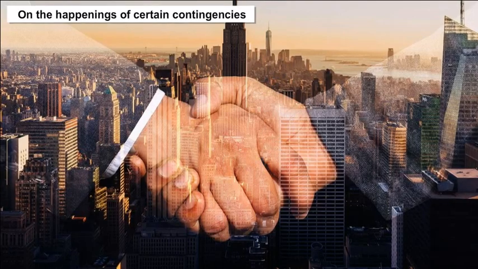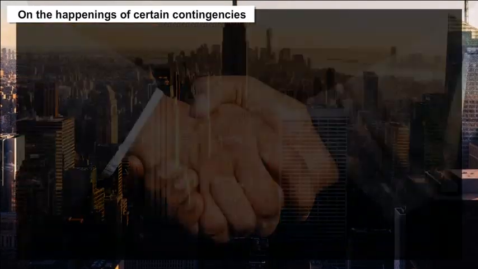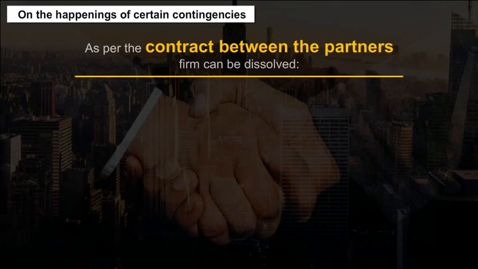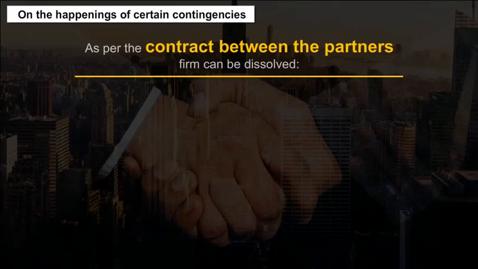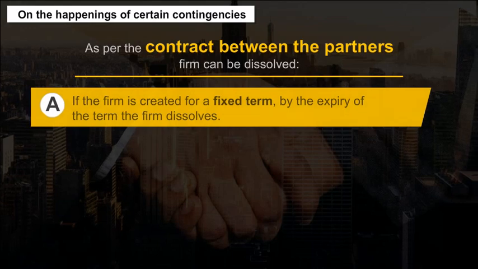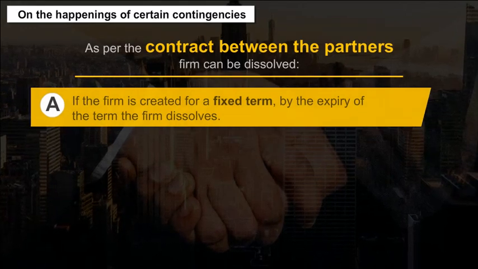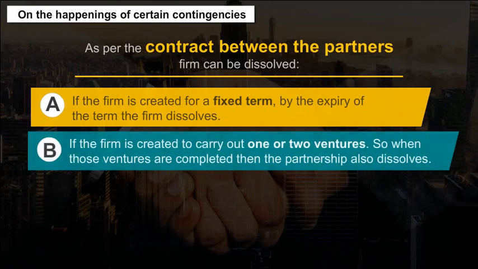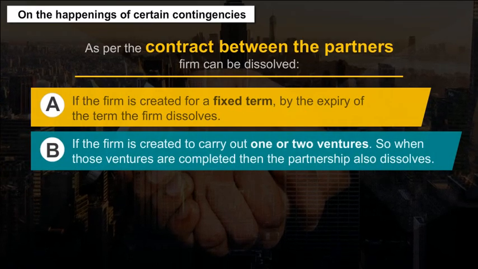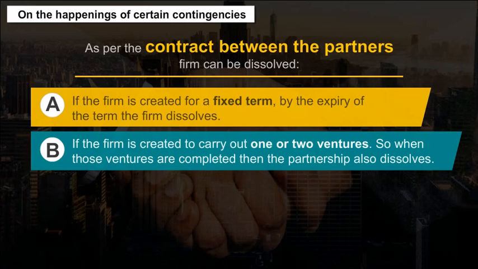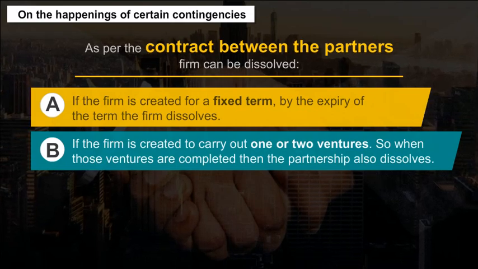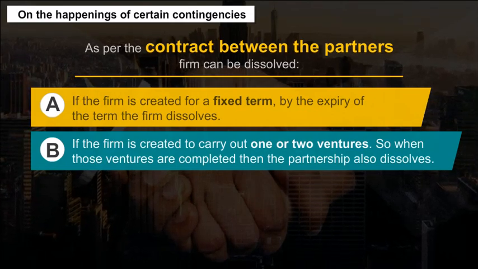On the happening of certain contingencies. As per the contract between the partners, a firm can be dissolved. A. If the firm is created for a fixed term, by the expiry of the term, the firm dissolves. B. If the firm is created to carry out one or more ventures, when those ventures are completed, then the partnership also dissolves.